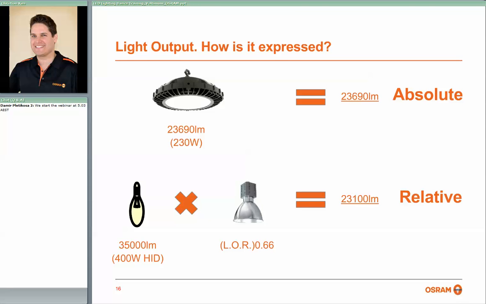Something to be aware of is that sometimes the lumen output claims from certain suppliers can be questionable. Sometimes it has been known that some suppliers, for example, would be quoting the lumen output through the chip and therefore not factoring in any losses through either optical lenses or reflectors and so on and so forth. All the reputable manufacturers should normally be quoting the absolute photometry from an LED luminaire.